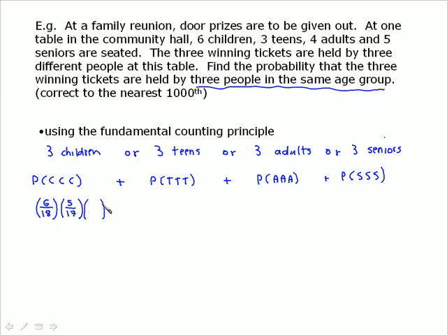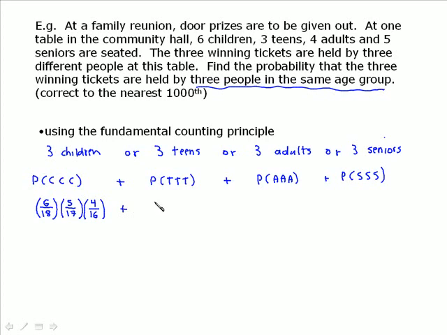A child on the third draw, there's 4 children left, and then there's 16 people to draw from. And then let's keep working our way through it. I'm not going to actually get the answer for this because it's going to be a little more work than I like, but we do get a sense of what's happening.